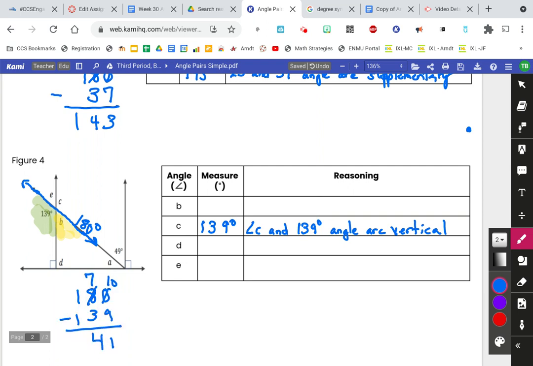And I know that angle B is going to be 41 degrees. And my reasoning is that angle B and the 139-degree angle are supplementary.